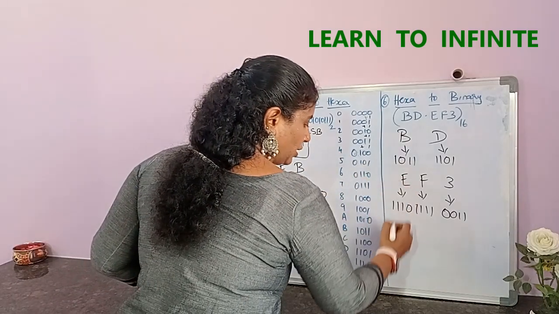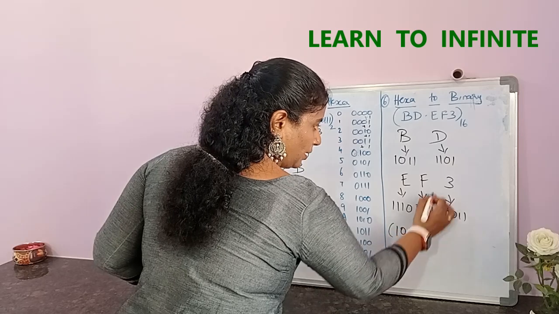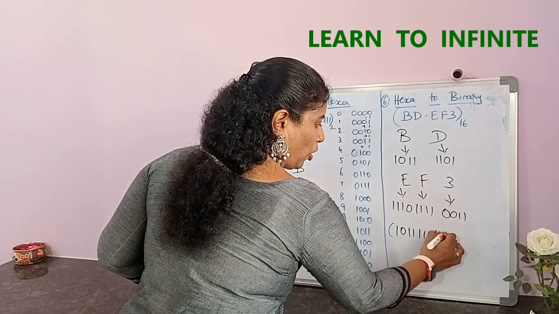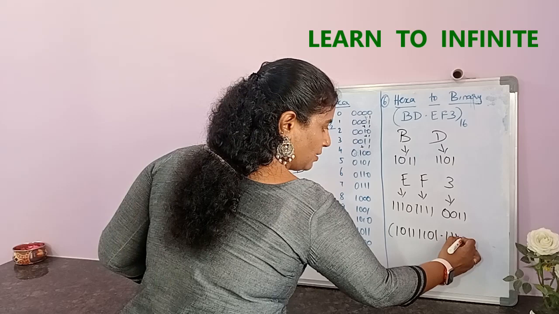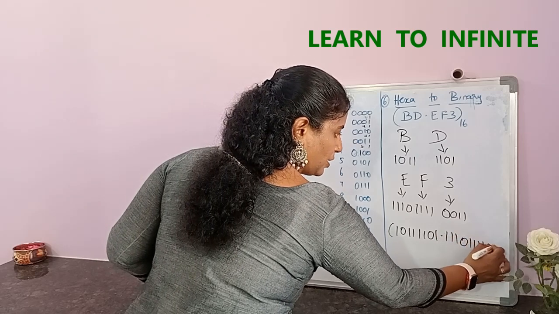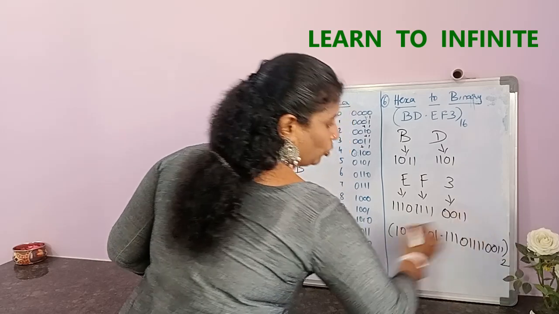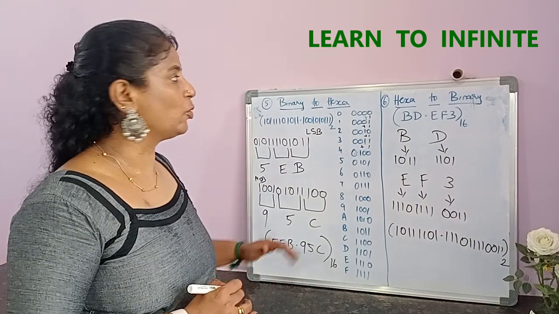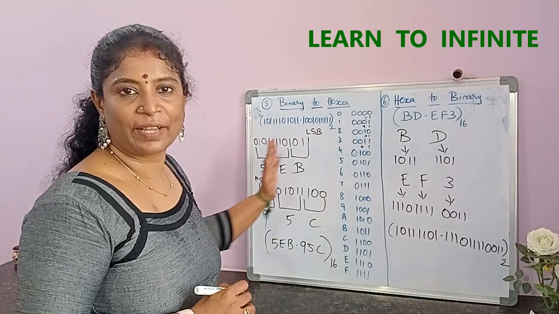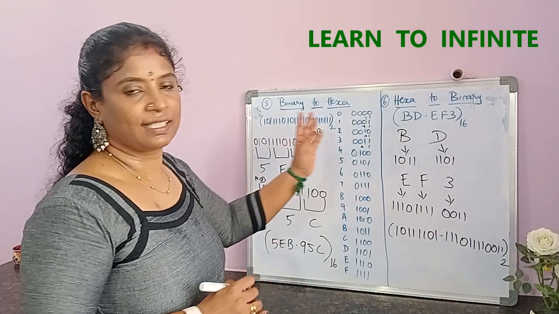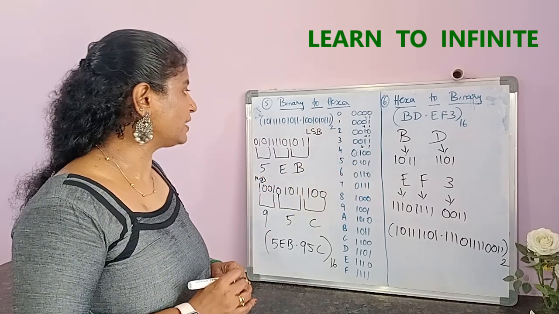So first write the whole part. It is 1 0 1 1 1 1 0 1 point. The fractional part is 1 1 1 0 1 1 1 1 0 0 1 1 to the base 2. Isn't it easy?